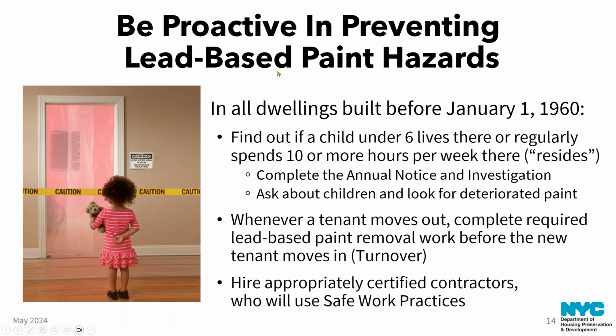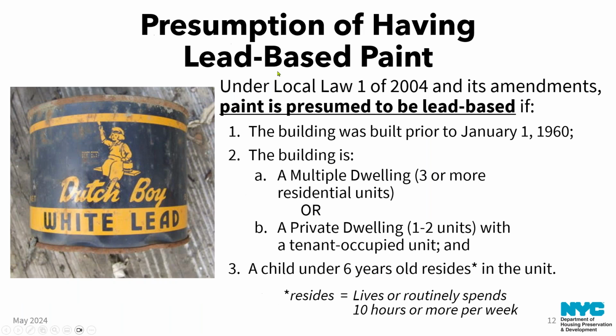I want to go back because there's one feature of the law that I think I didn't mention explicitly. So on this slide, I talked about buildings built before 1960. There is another category of building, it's more rare, but this is also covered under Local Law 1. And this is buildings built between 1960 and 1978.